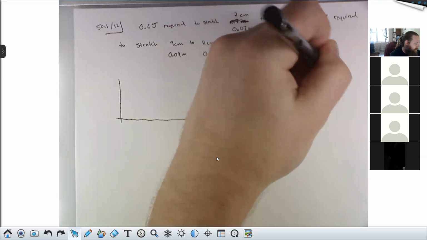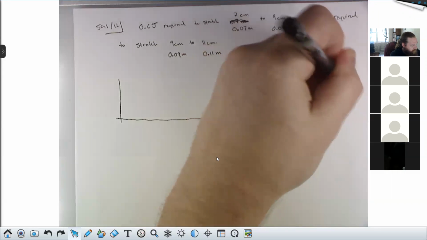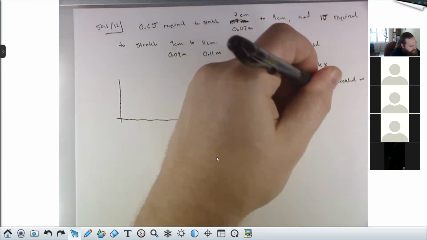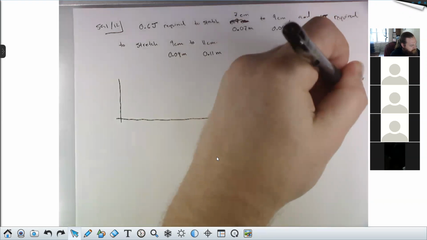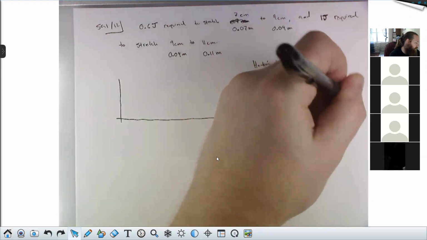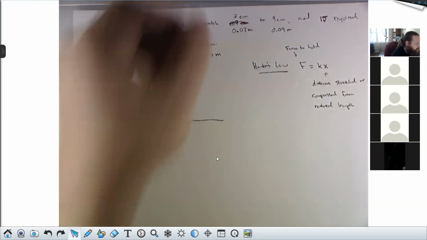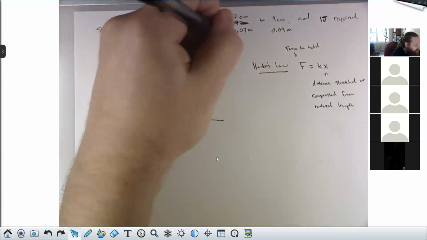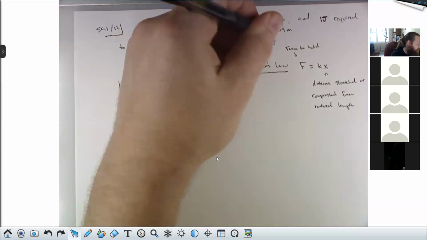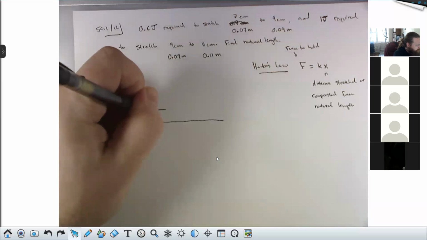And x here is the distance stretched or compressed from the natural length. We weren't given the natural length here, right? They said find the natural length. That's our goal.